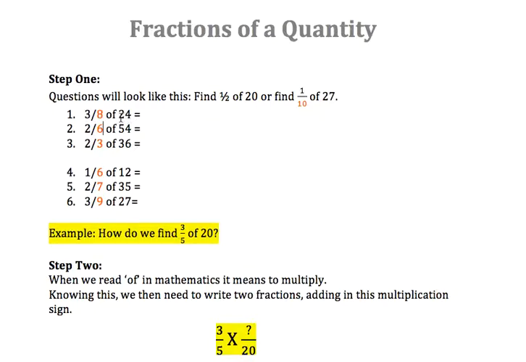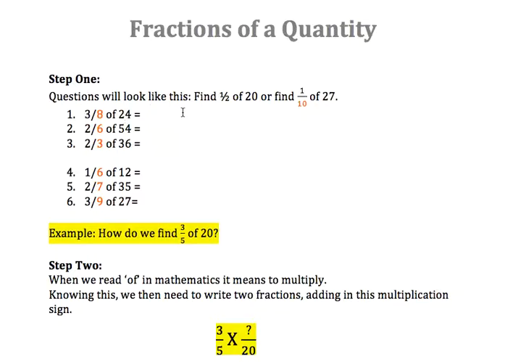The first thing that you need to think is, this is the easy way to solve these questions. You need to say, how many times does the denominator fit into this quantity that I'm looking at? Well, the denominator, 8, fits into 24 3 times. So with that answer, I'm going to multiply it by the numerator.